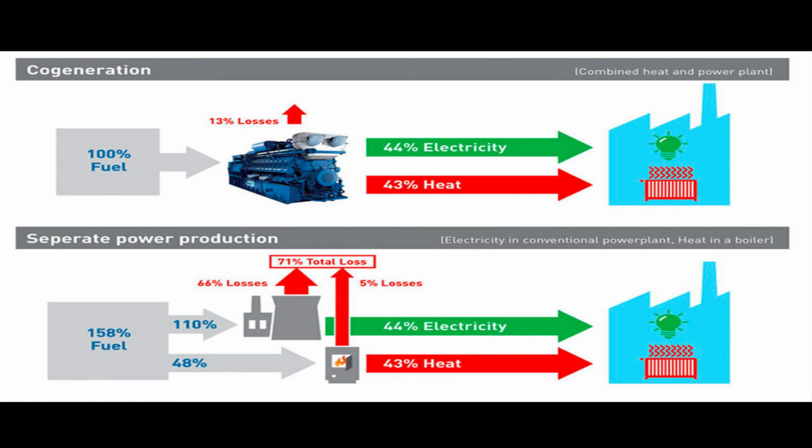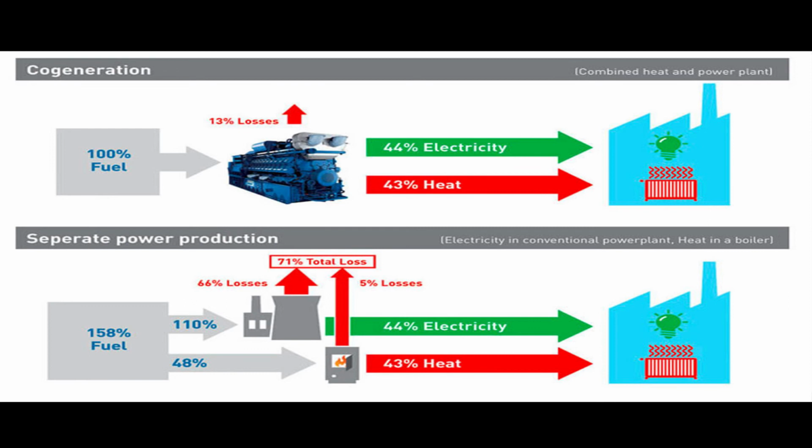Whereas in cogeneration, the input is less and the loss is also less, which means cogeneration is more efficient as compared to separate production of two different forms of energy. So that's one example of green technology.